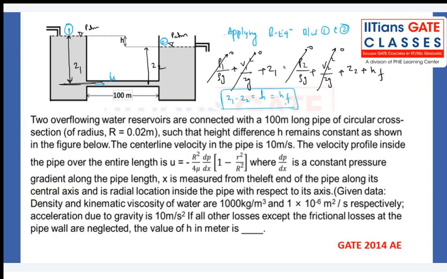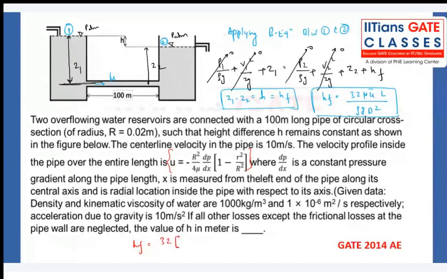Head loss due to friction, we know that it is 32 mu u average L by rho g d square. That's a very simple formula, we know that. And of course, how do you come to know that the flow is laminar, even though you have not calculated anything about the Reynolds number? Because of this relation, it is only valid for laminar flow. HF will be 32 mu.